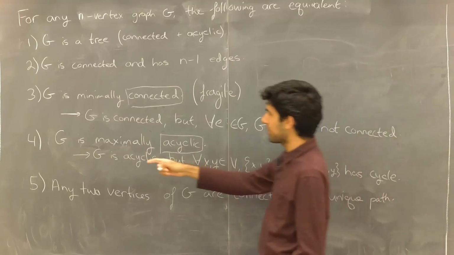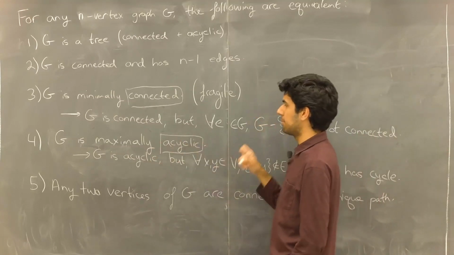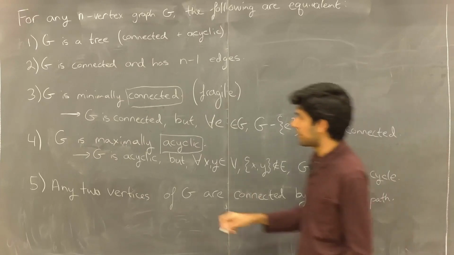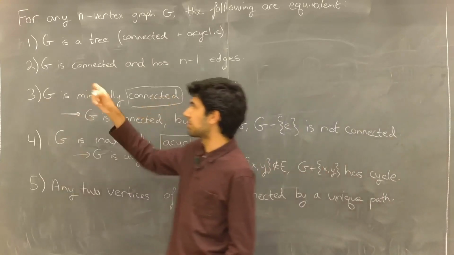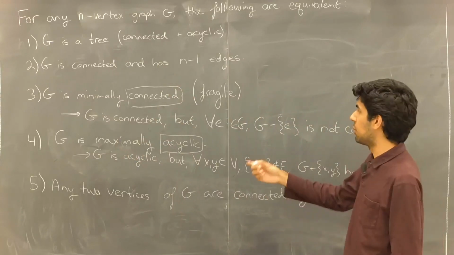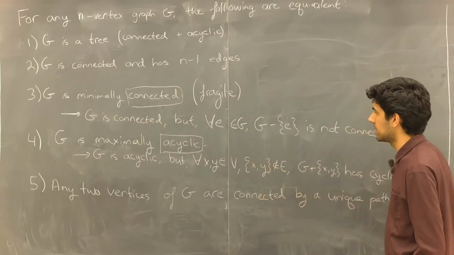So the starting graph has no cycles, but if we were to add an edge to it, we would get a cycle. And remember, 4 is equivalent to 3, which is equivalent to 2, which is equivalent to 1. So if we have a graph that is a tree, we know it's maximally acyclic.